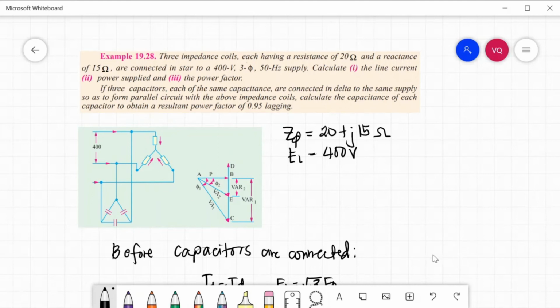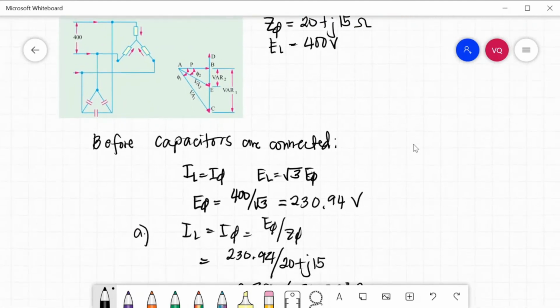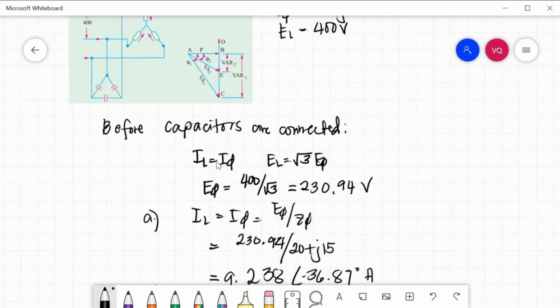Before the capacitors are connected, we know that in Y connection the line current is equal to the phase current, and the line voltage is equal to square root of 3 times the phase voltage. The phase voltage is equal to 400 divided by square root of 3, that is 230.94 volts.